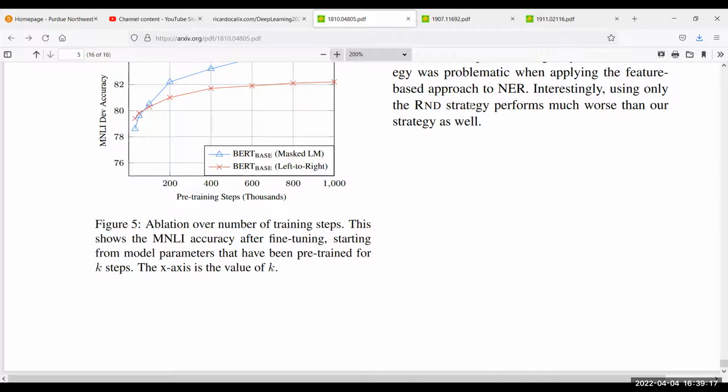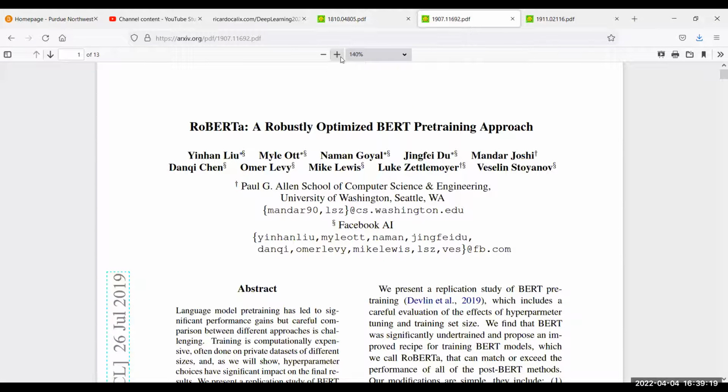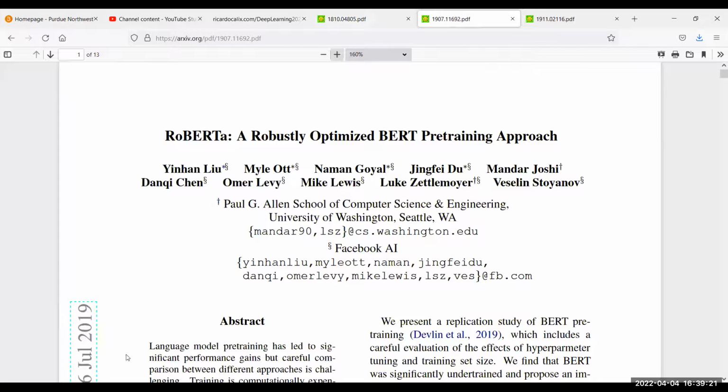So let's switch to that paper. So this is RoBERTa. Notice the year, July 2019. So this was now Facebook. They saw what Google did, and they wanted to try their own. They did this in collaboration with the Paul Allen School of Computer Science and Engineering at the University of Washington. So this is Liu et al.